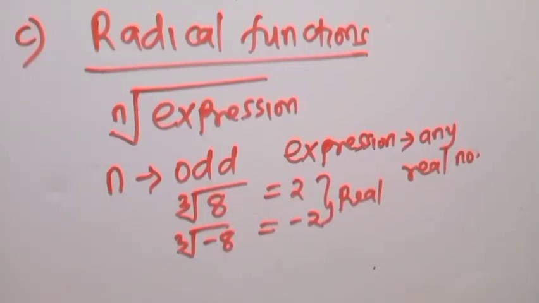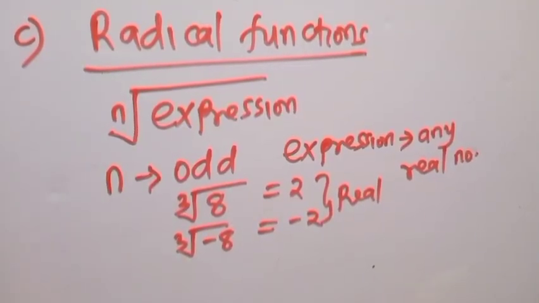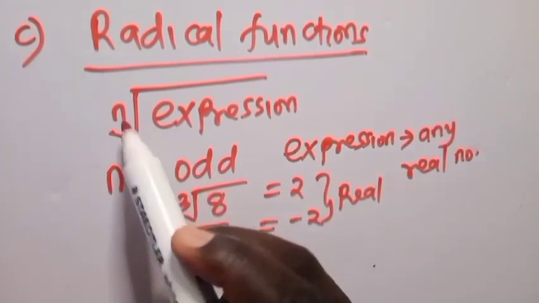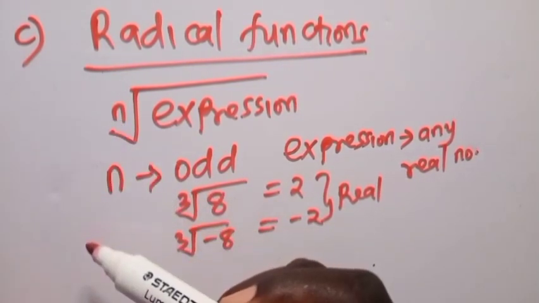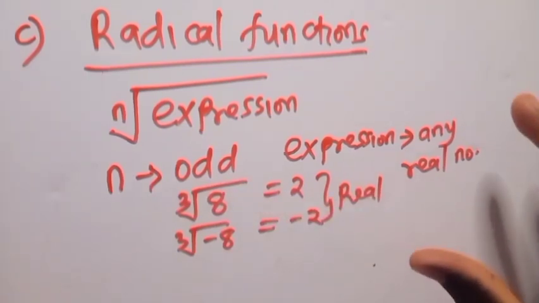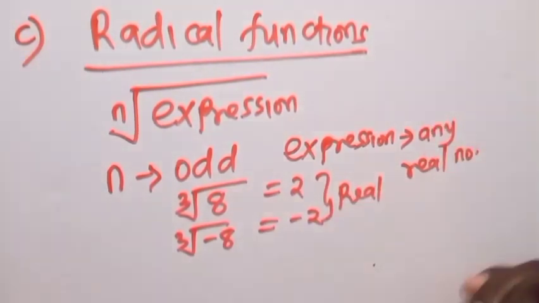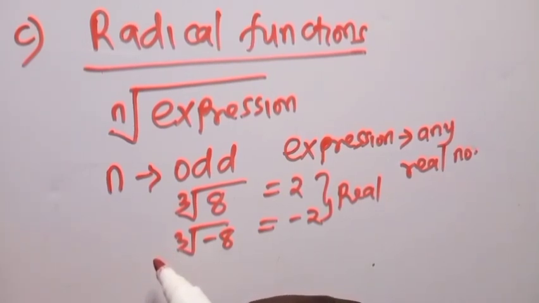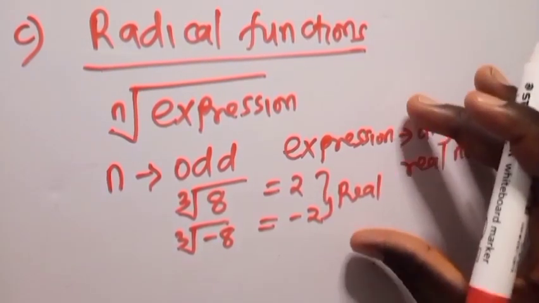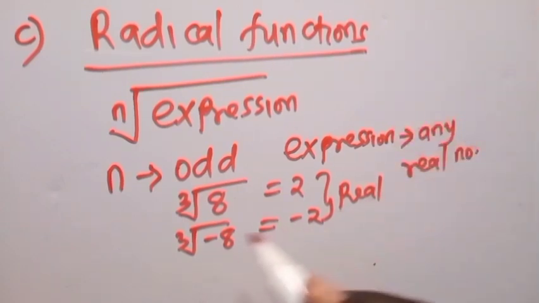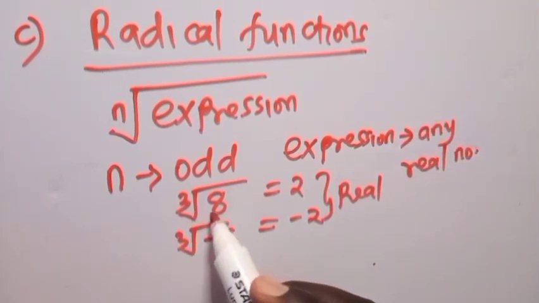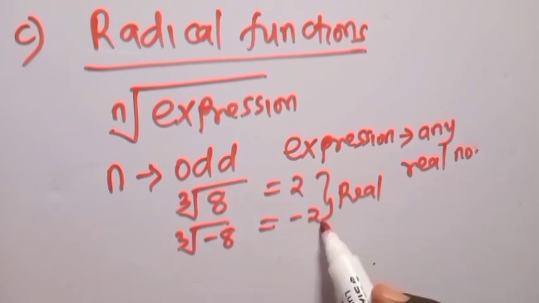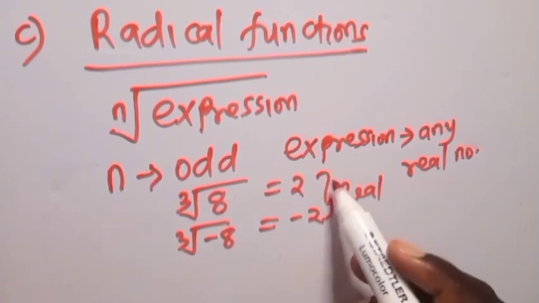Now, it is imperative to note that the domain of radical functions with an odd index, because this is the index, is all real numbers. We have proved it here. The cube root of 8 is 2 and the cube root of negative 8 is negative 2, and they are all real numbers.